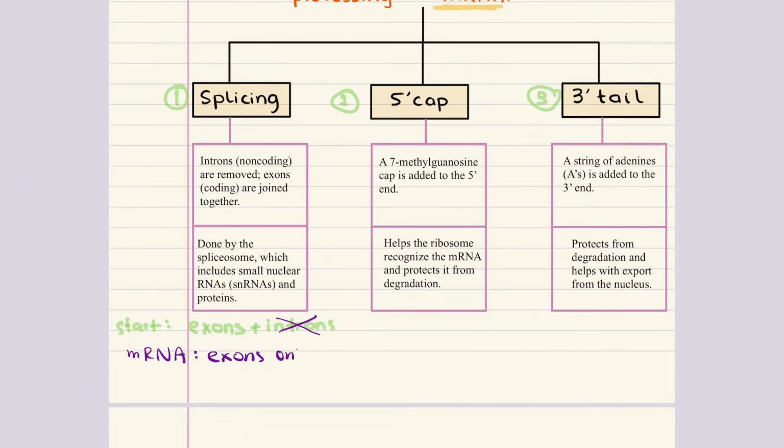This process is carried out by a large molecular machine called the spliceosome. The spliceosome is made of small nuclear RNAs and proteins, and these small nuclear RNAs recognize specific sequences at the intron boundaries, and they help catalyze the removal of said introns. And once splicing is complete, the mRNA now only contains exons.